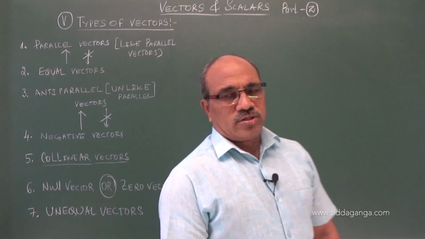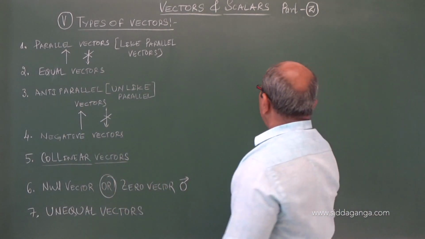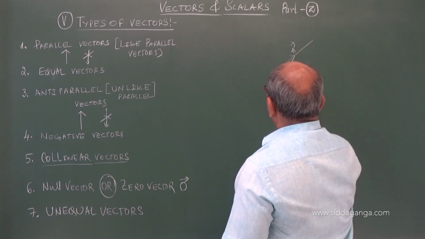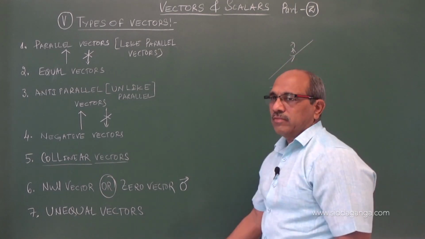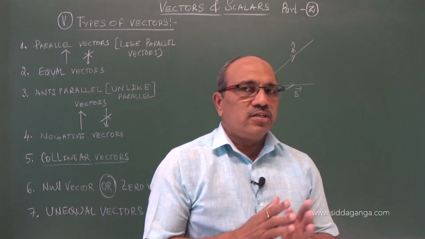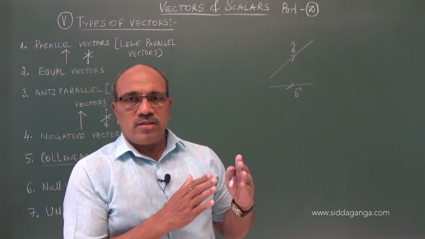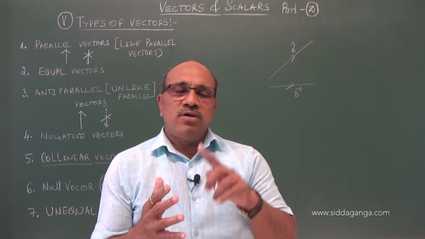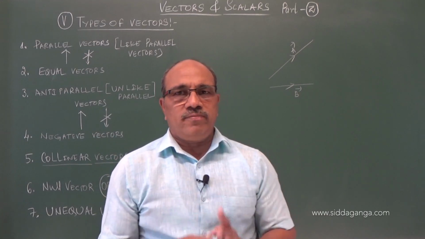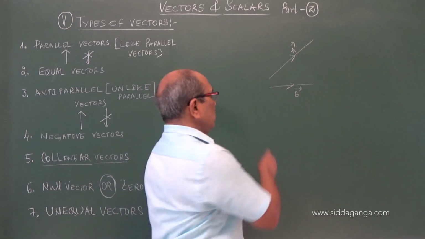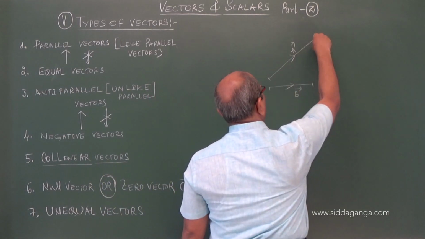Unequal vectors, when you compare two vectors like this, it may be A or B. To say the comparison of vectors, there are two things we importantly consider: either in magnitude or in direction they should become same. See, here directions are different. When looking, the magnitude is also different.